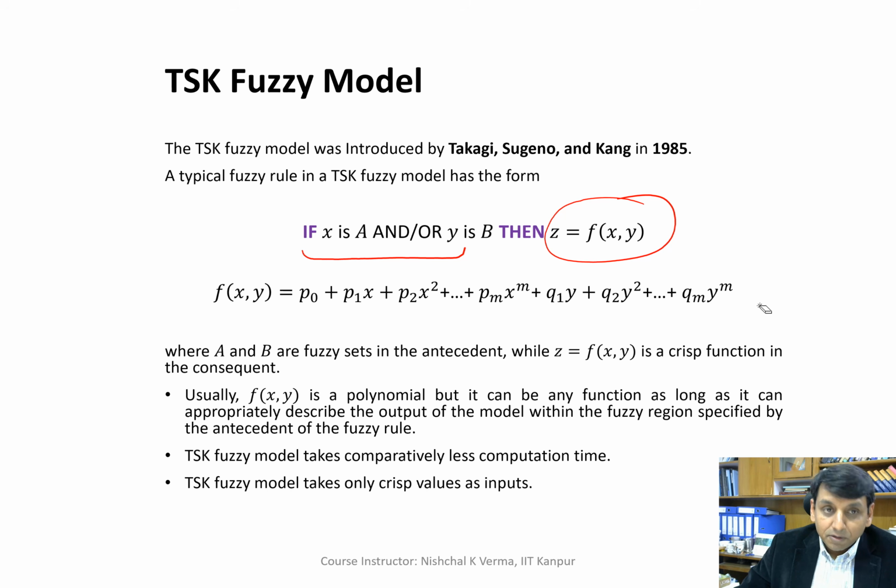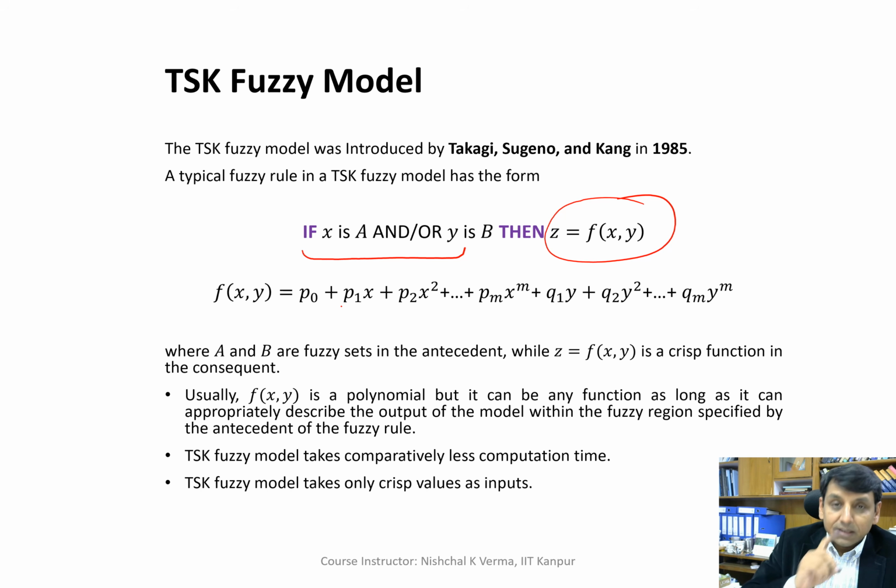So f(x,y) is a polynomial of the form p0, which is a constant, plus p1 x plus p2 x squared plus dot dot plus pm x raised to the power m, plus q1 y plus q2 y squared plus dot dot plus qm y to the power m.